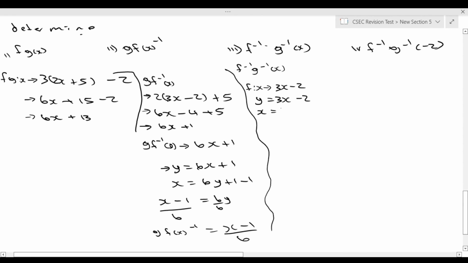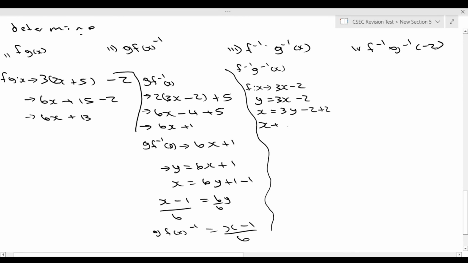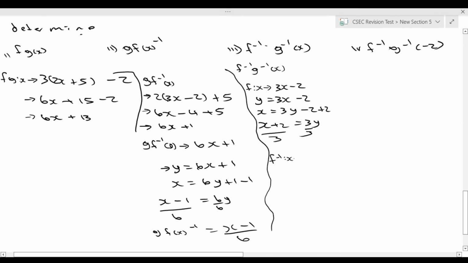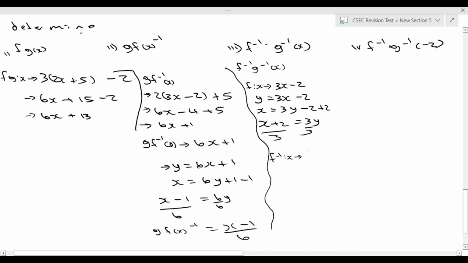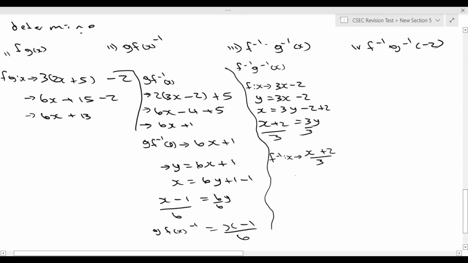Interchange the letters, x equals 3y minus 2. Adding 2, x plus 2 equals 3y, divided by 3. Our f inverse would be x plus 2 over 3.